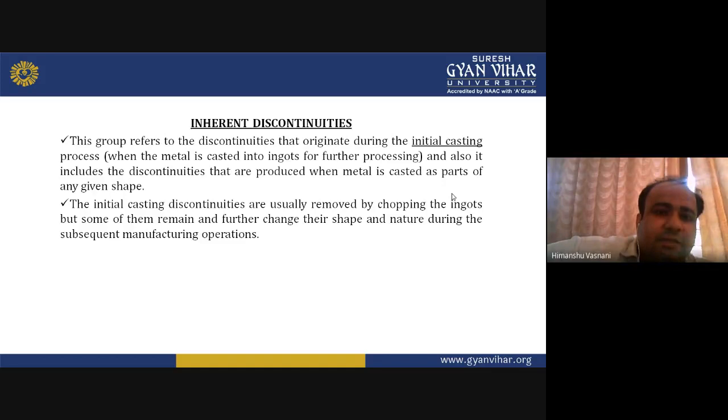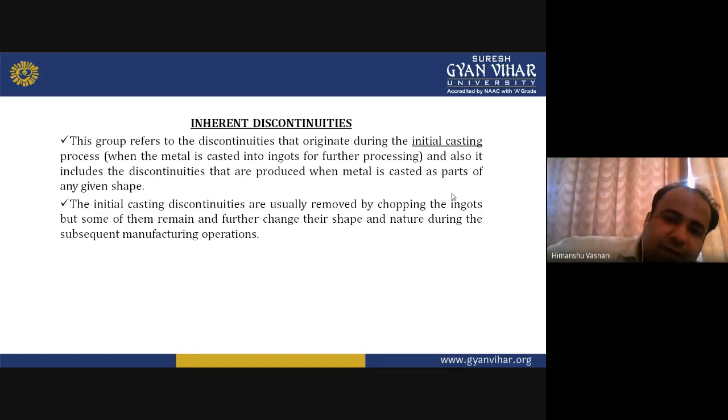During casting, the metal is melted into a molten state at a particular temperature, which varies from material to material. Like for aluminum, you can say about 800 degrees Celsius is the melting point, where it completely changes into a molten state.